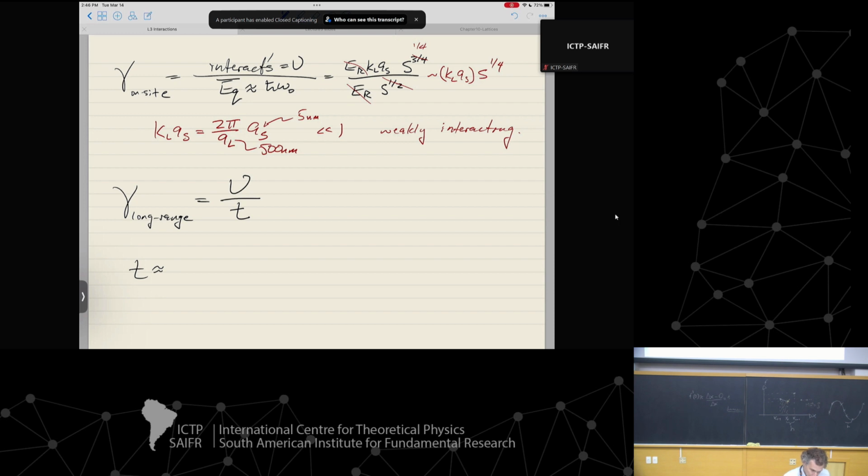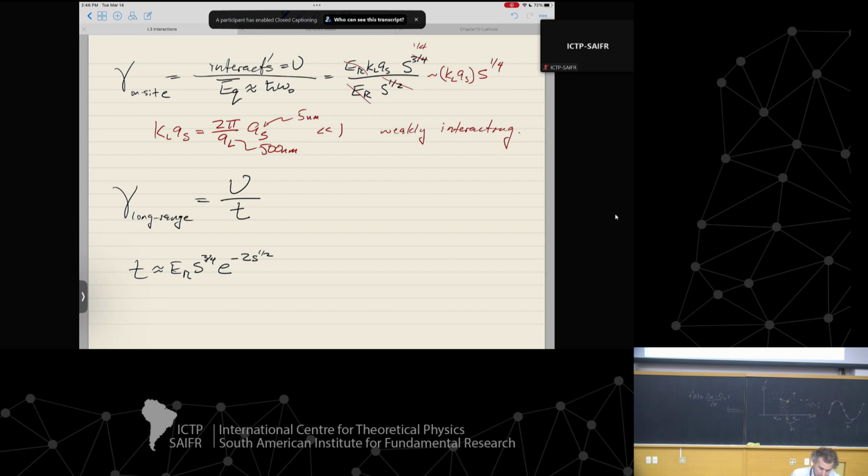Let's write it down now. Which is an exponential. Oh yeah, so it's something like E_R times s to the 3/4 times e to the minus 2 s to the 1/2, okay?